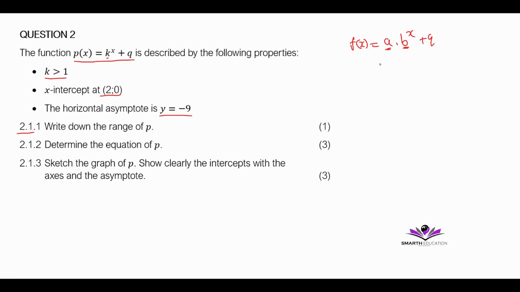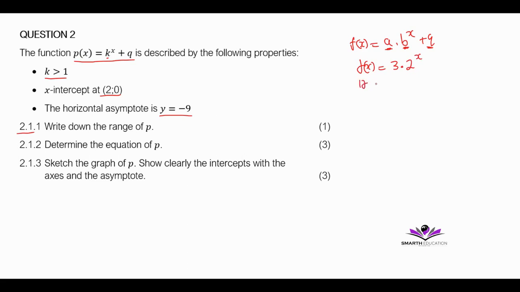We have 4 different shapes for exponential functions depending on the value of a and b. Let me ignore the q for now and concentrate on a and b. Let's say we have, for example, f of x is equal to 3 times 2 to the power x.